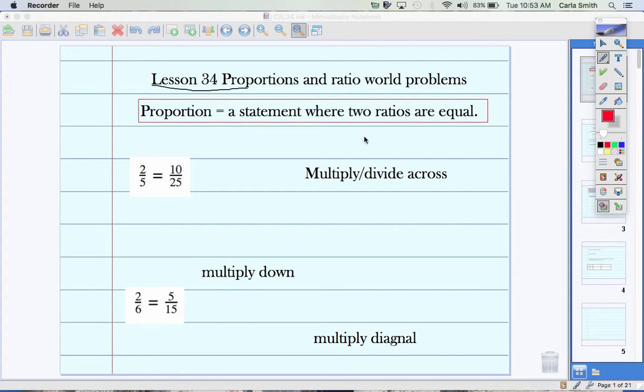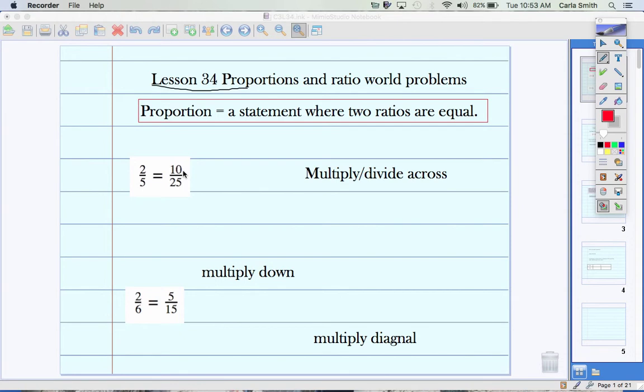If I look at these two fractions, 2/5 and 10/25, if I multiply my first one times a number to get my second one, and that number is the same for the top and the bottom, it will be a proportion. So what times 2 will give me 10?